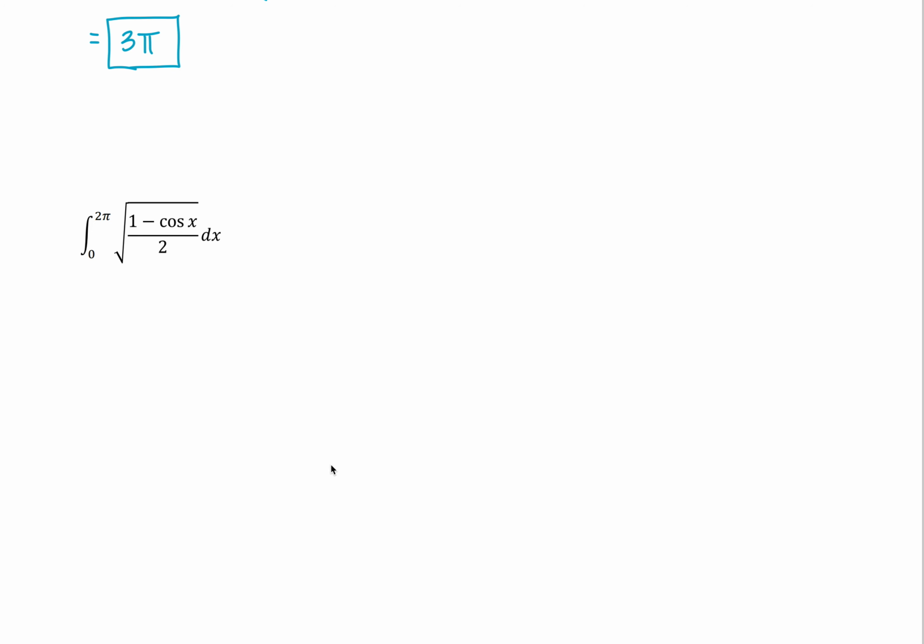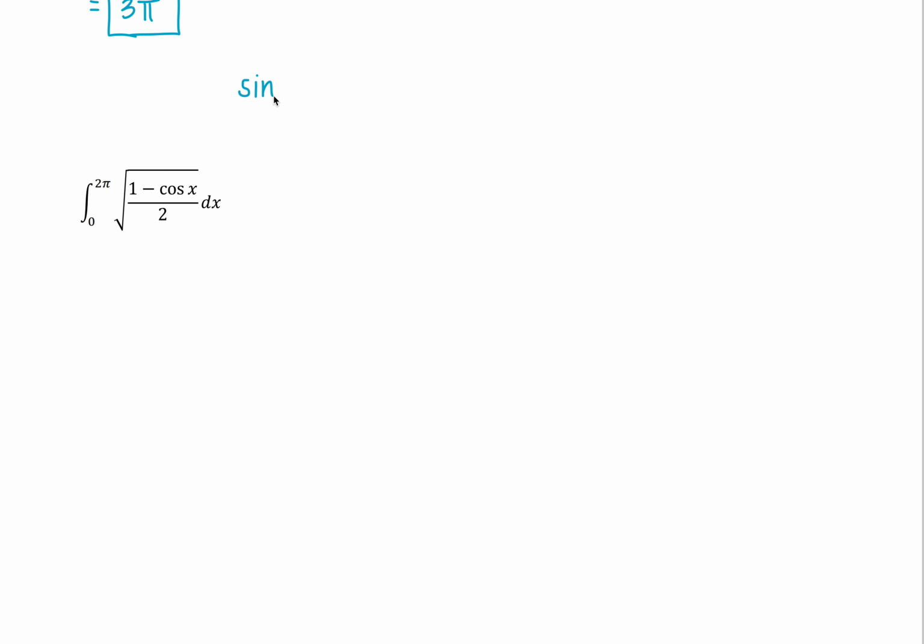So here I've got the square root of 1 minus cosine x over 2 inside the integral, and we're integrating this one from 0 to 2 pi. So one more time, let me write down what that trig identity was. It said sine squared of x is equal to 1 minus cosine 2x over 2.